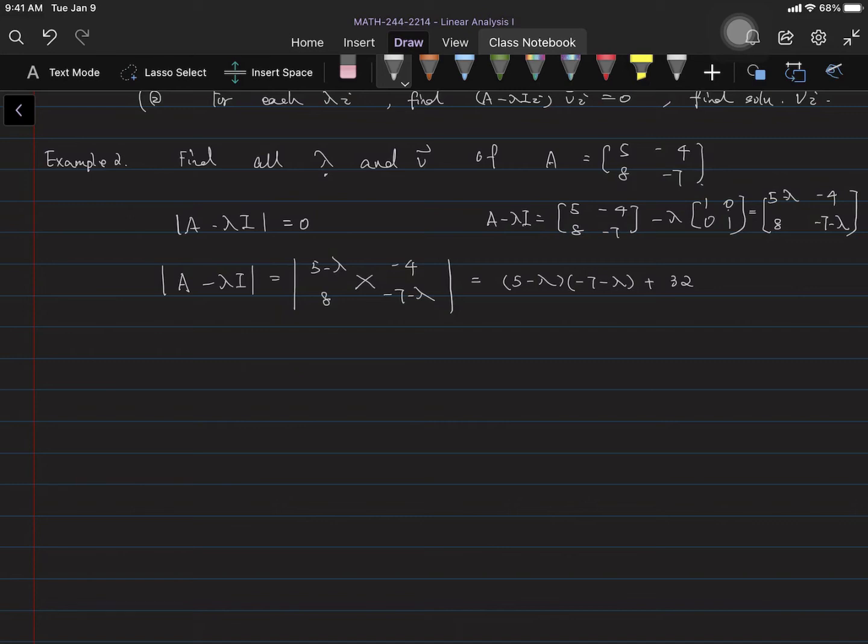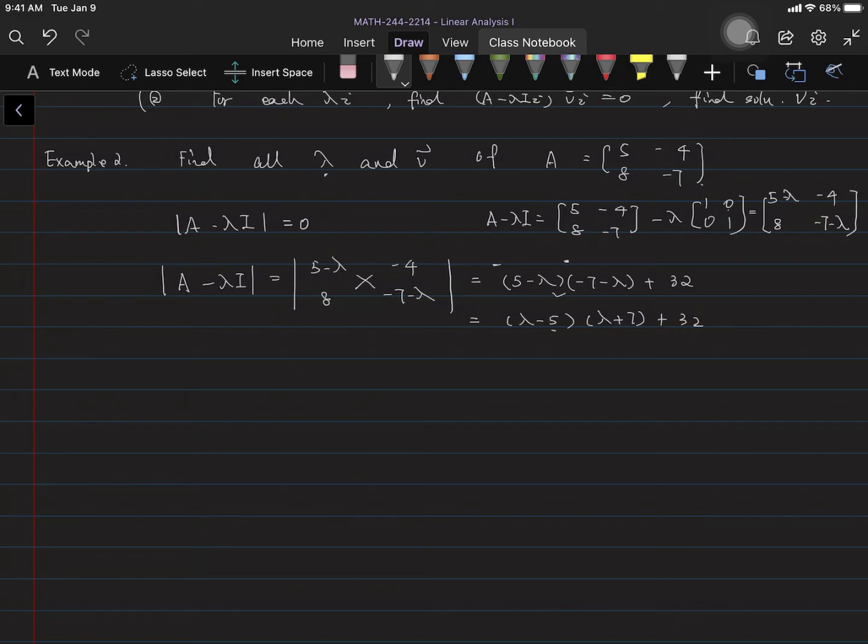Let's simplify this. We need to expand, but when I expand, I like to simplify a little bit. I factor -1 out from here, and the negative becomes positive. So we change this into (lambda minus 5), and I factor the -1 out, so it becomes (lambda plus 7), and plus 32. Why do I do that?